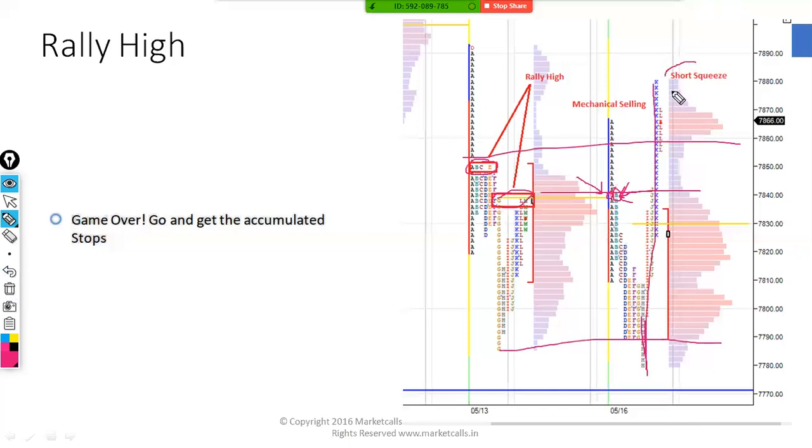So it comes in the form of a short squeeze. In these kinds of patterns, you can precisely expect why the price has to come back over here and do the short squeeze activity, and you know because of what kind of players you are dealing with. You are dealing mostly with weaker hands here.